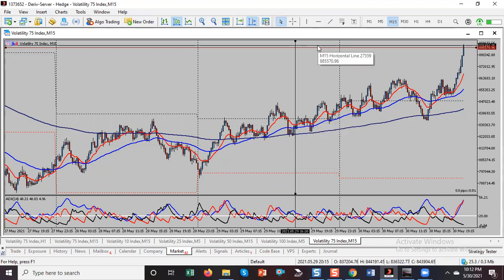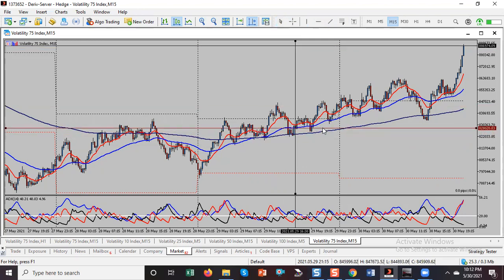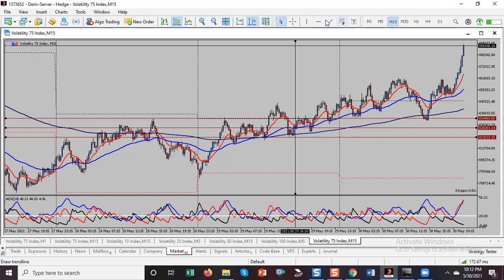So here entry will be at the beginning of this candle. Stop loss will be on this swing low. And take profit yesterday's high, and next one is the previous swing high.